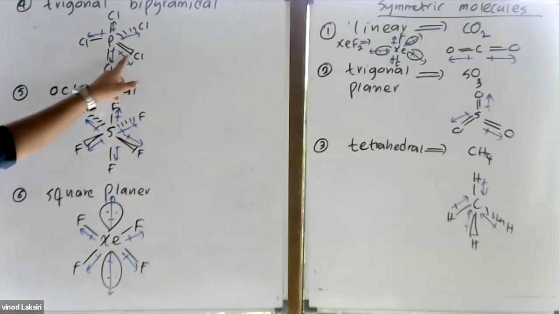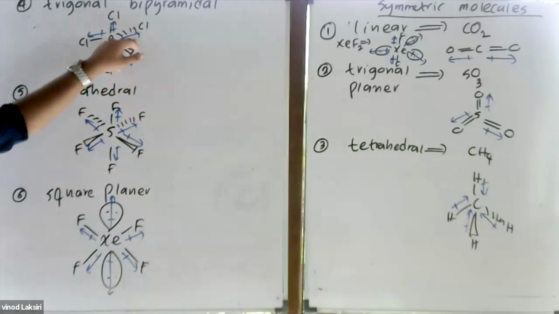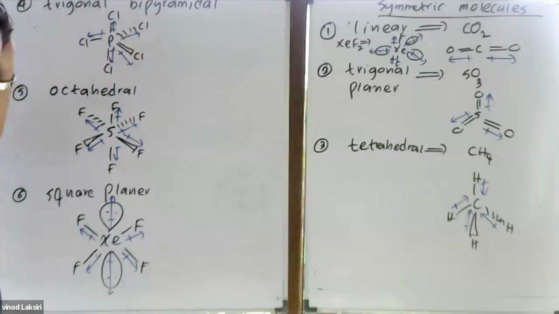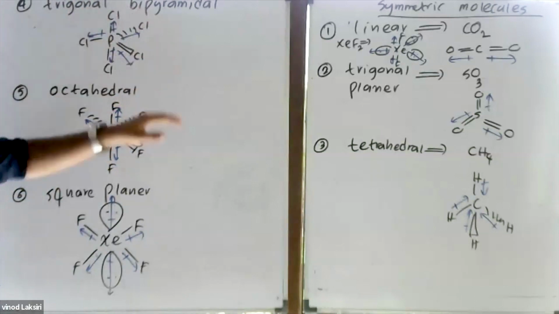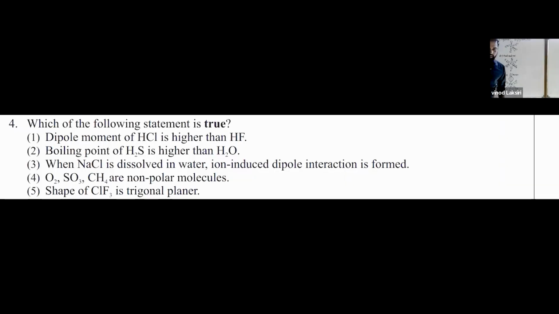This solid line indicates the bond present in front of the board, and this dash line represents the bond present inside the board, right? Then the fourth statement is correct.